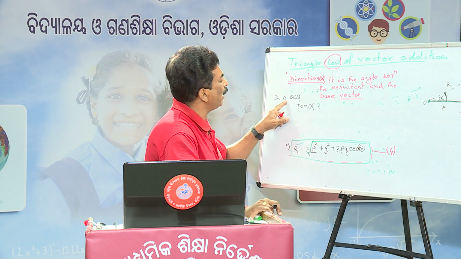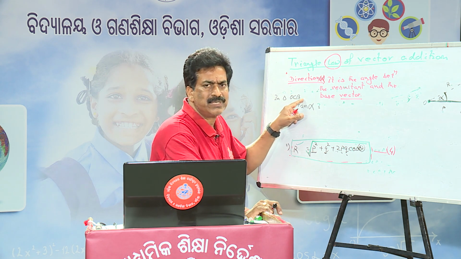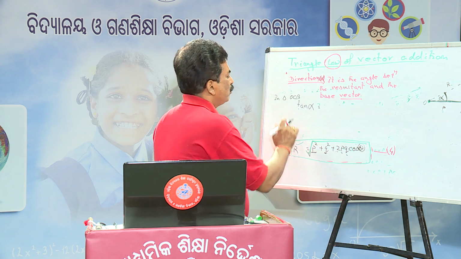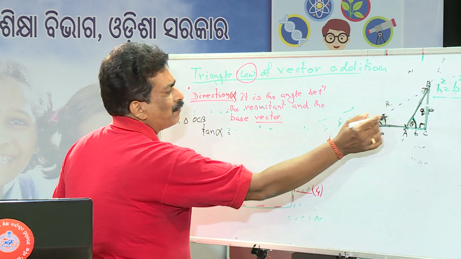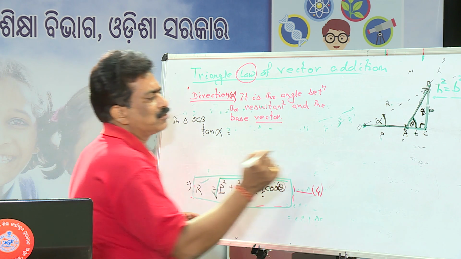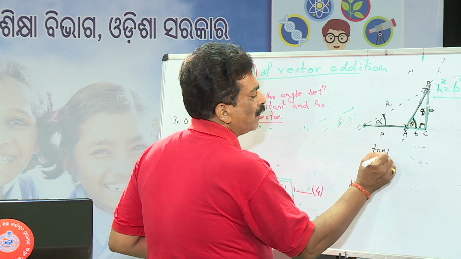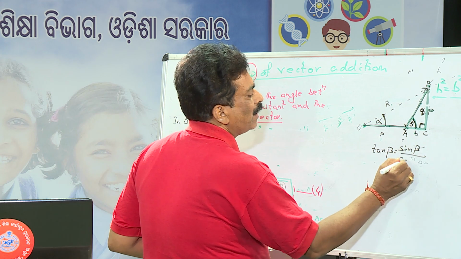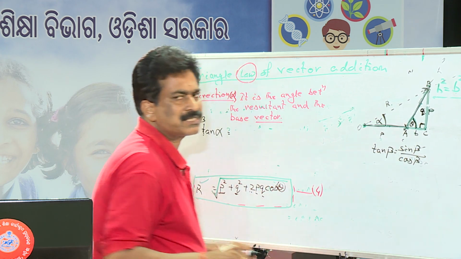If you simply write triangle OCB, if C is 90 degrees, it will be a right angle triangle. So tan alpha, again I said tan alpha, is P by B. So tan of any angle is equal to sine of the same angle over cos of the same angle.